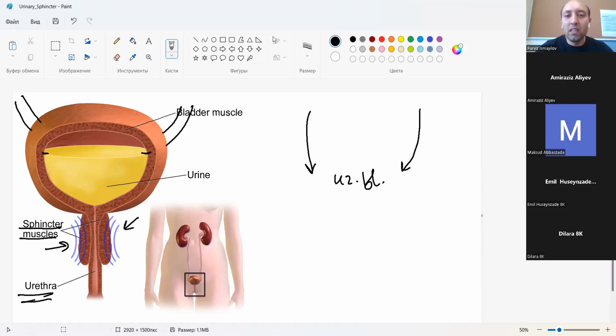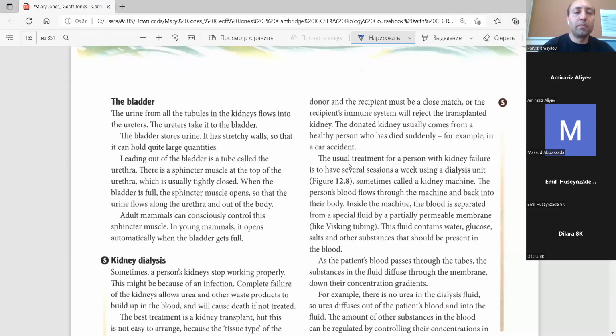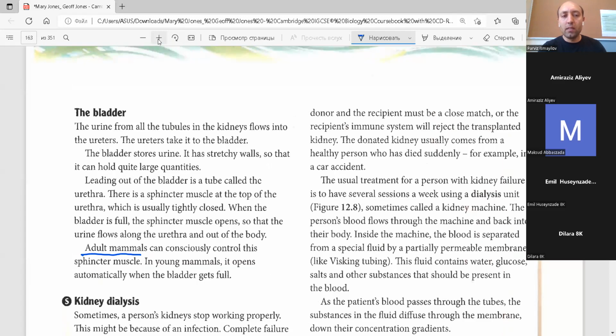Bladder numbers generally change. For example, they say that its volume is nearly 0.5 liter generally. And there's one interesting piece of information: adult mammals can consciously control the sphincter muscle. So for us, urination is a conscious process.